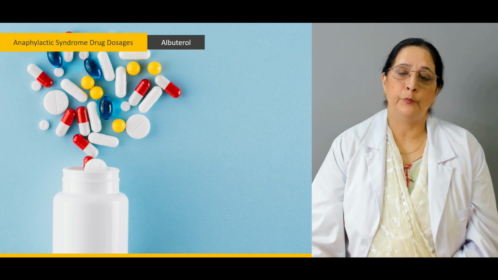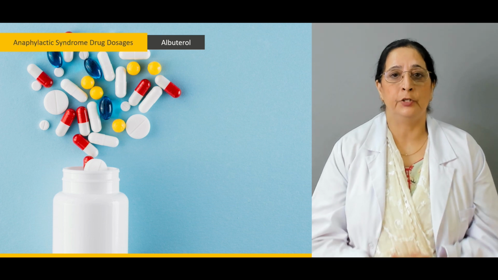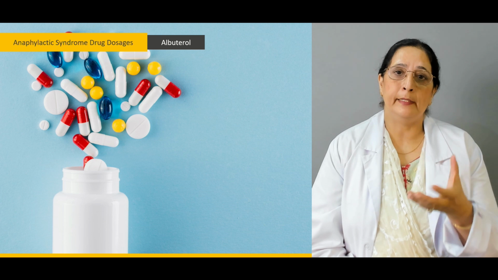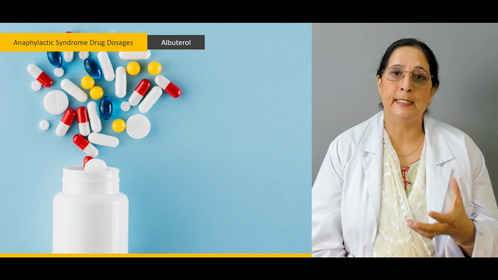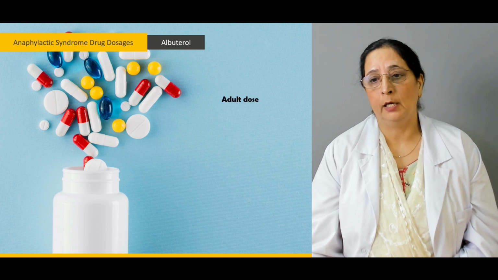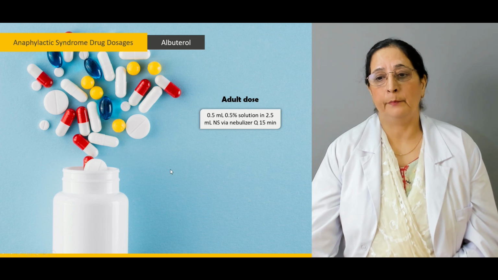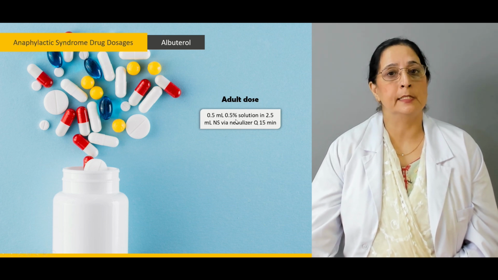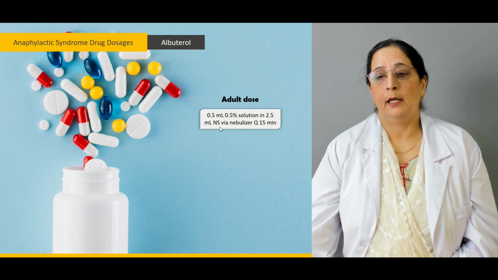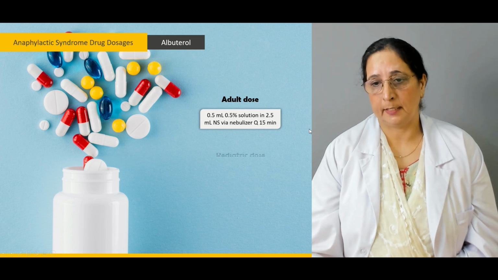Anaphylactic syndrome drug dosages. What are some drugs that are used for anaphylactic syndrome? Albuterol, when there is bronchospasm, wheezing, and shortness of breath. Adult dose is 0.5 ml of 0.5% solution in 2.5 ml via nebulizer every 15 minutes.